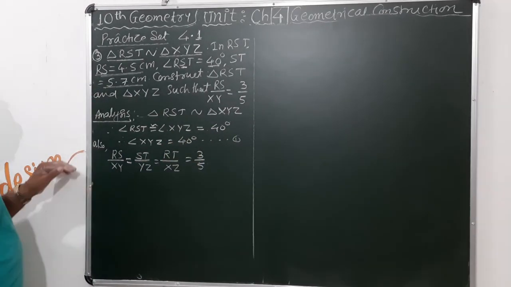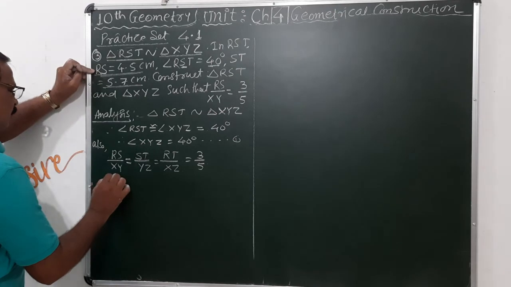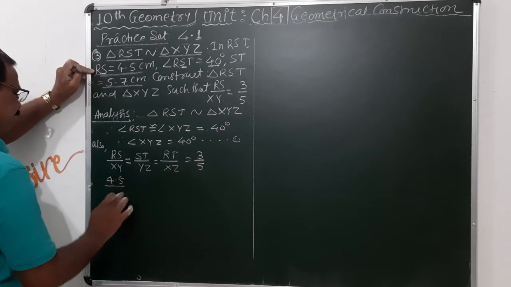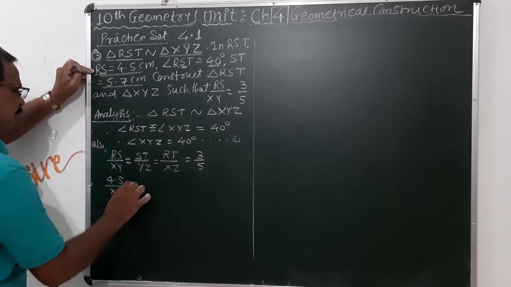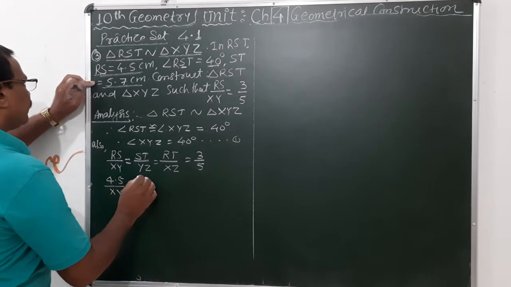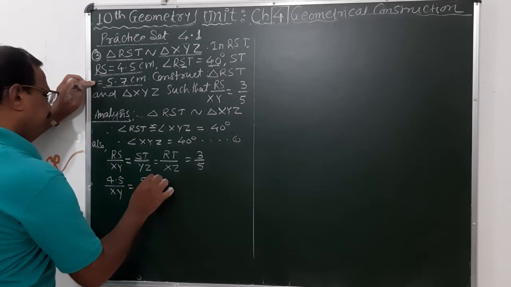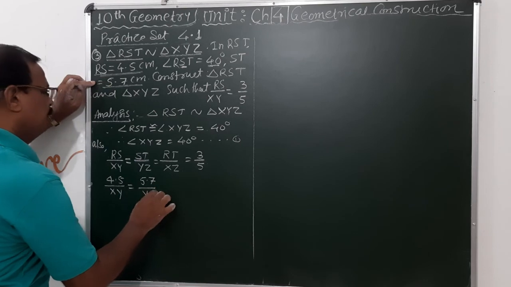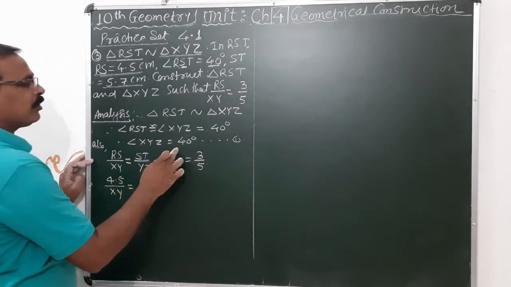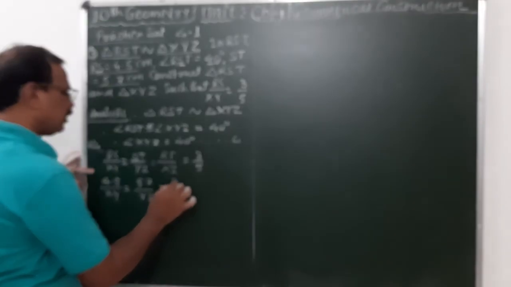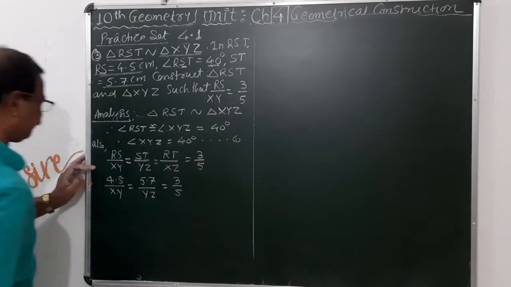RS is given, that is equal to 4.5. We have to find XY. ST is given here, that is equal to 5.7. We have to find YZ. So here RT is not given, we need not find XZ. The value is equal to 3/5. I write like this here.